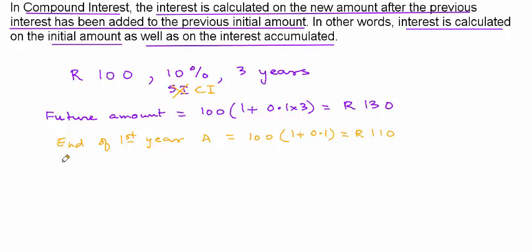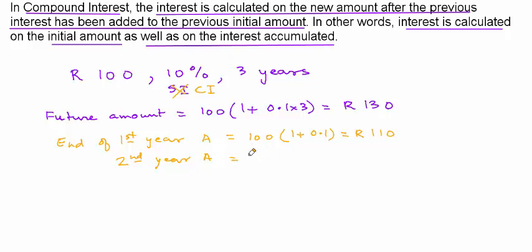Now when we want to find out the amount at the end of the second year, this is no longer going to be 110 because we calculate it based on the amount for the previous year. The new amount is the previous interest plus, the previous interest has been added to the initial amount.